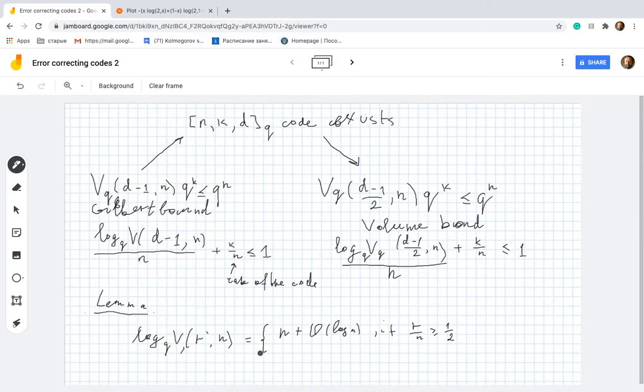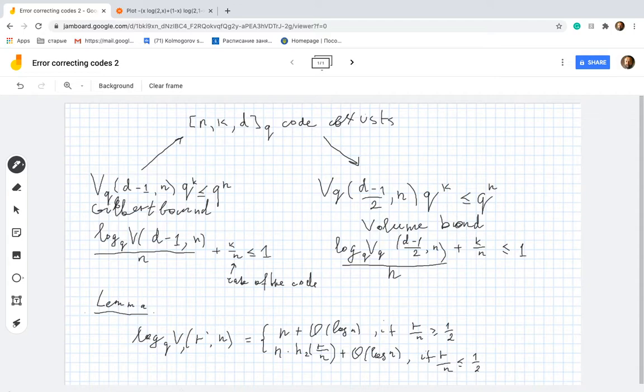And otherwise it is equal to n times the Shannon function of r over n plus order log n, if r over n is less than 1/2.